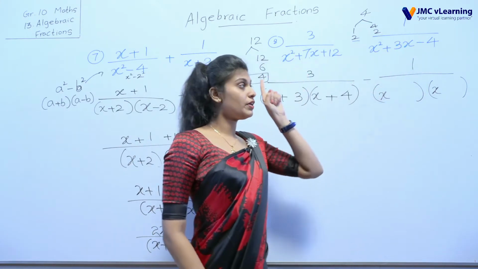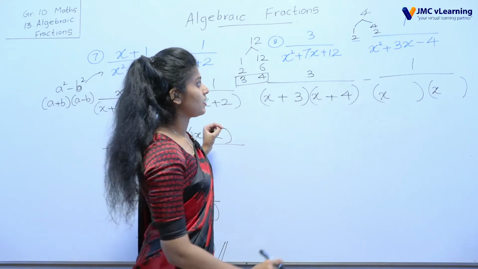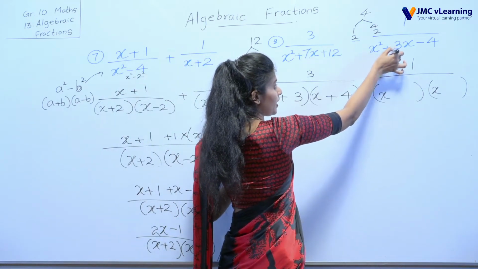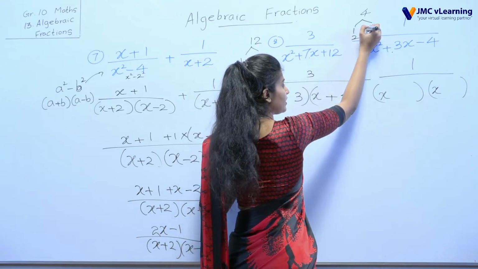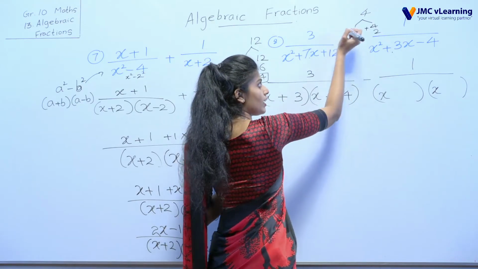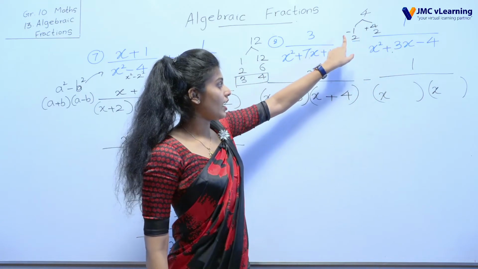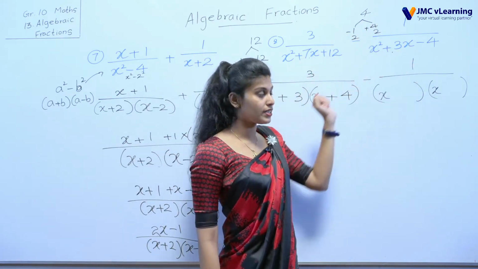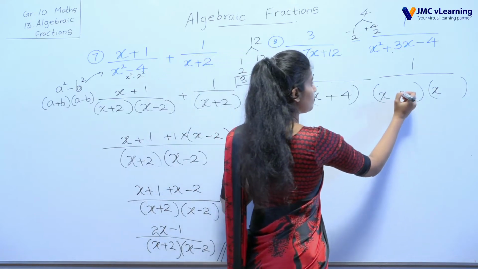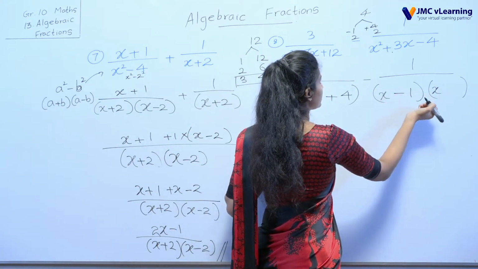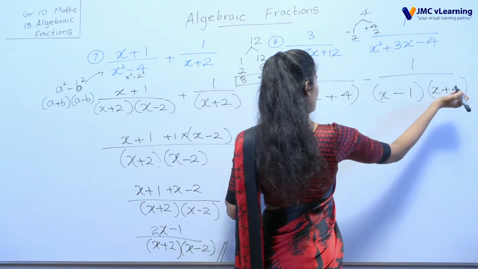That means there should be one number minus. Then to make plus 3, I am taking here 4 as plus, 1 as minus. Then you can take my plus 3 and multiplying these two can take minus 4. Let's put them inside the bracket. Minus 1, here plus 4.